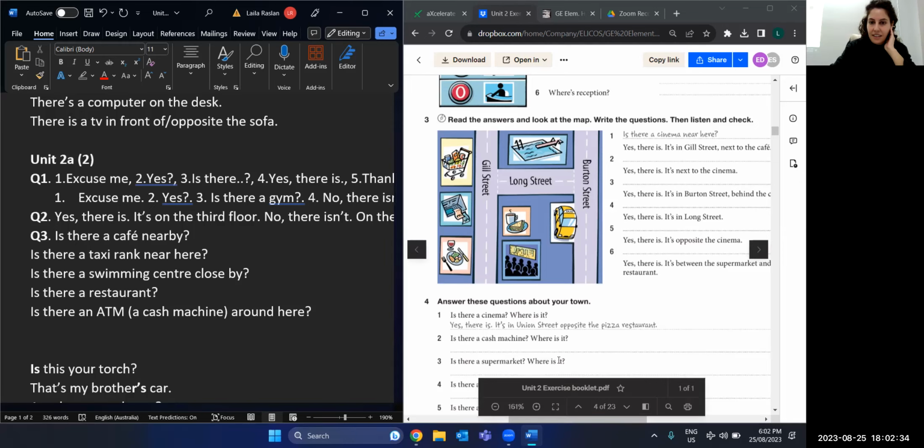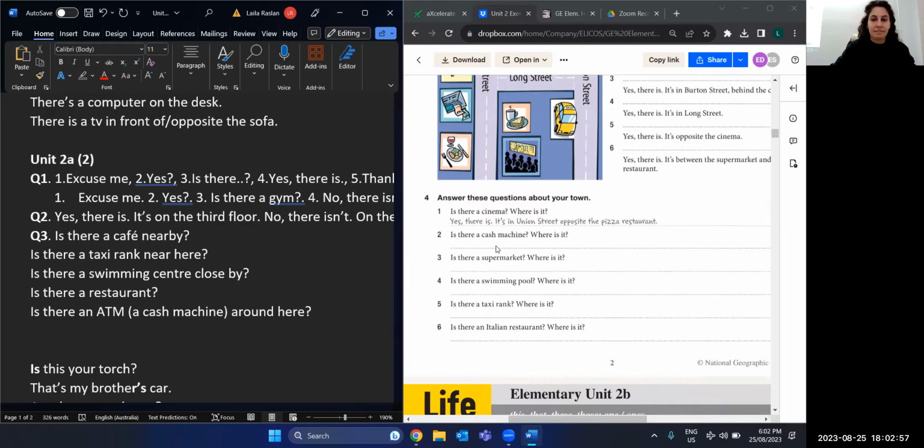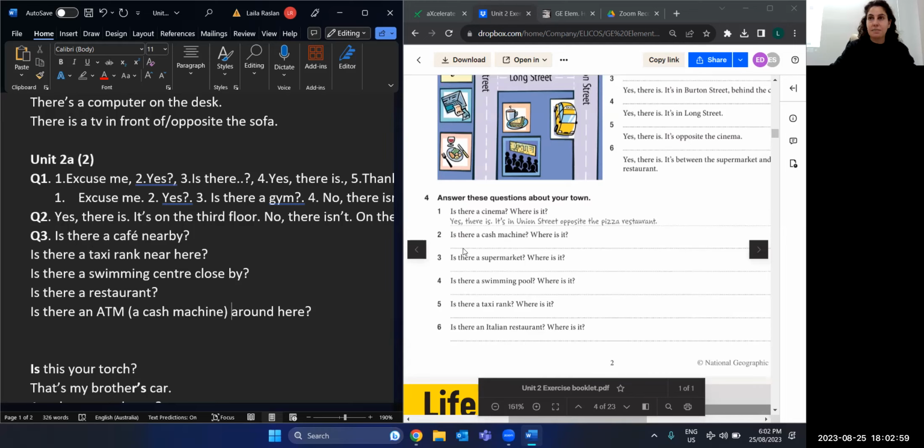And answer these questions about your town. So is there a cinema? Where is it? Yes, there is. It's in Union Street opposite the pizza place. It's more common to say opposite the pizza place. Is there a cash machine? Yes, there is.